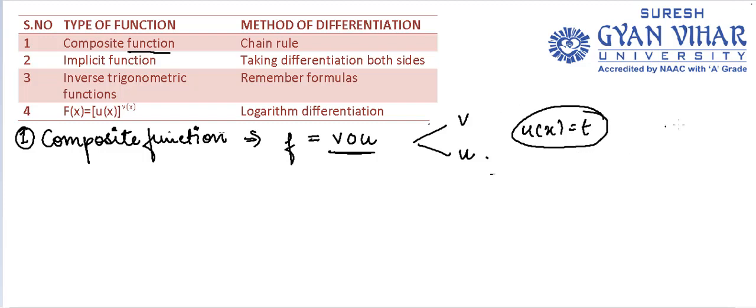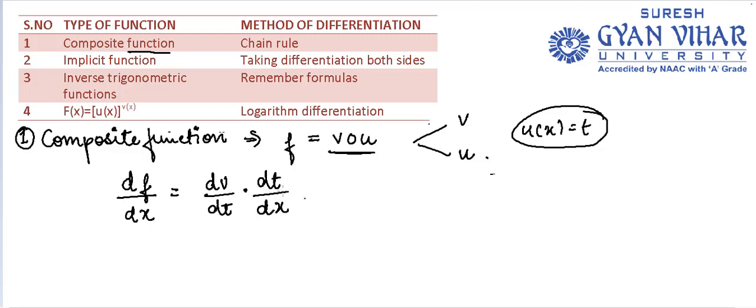If we write u of x as t, then the differentiation df by dx is equal to dv by dt, the differentiation of v with respect to t, times dt by dx, the differentiation of t with respect to x, and this t is basically u of x. Now it is better to understand this concept with an example. So we'll take an example here.